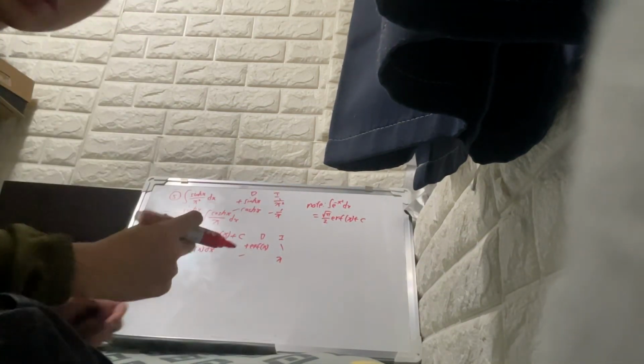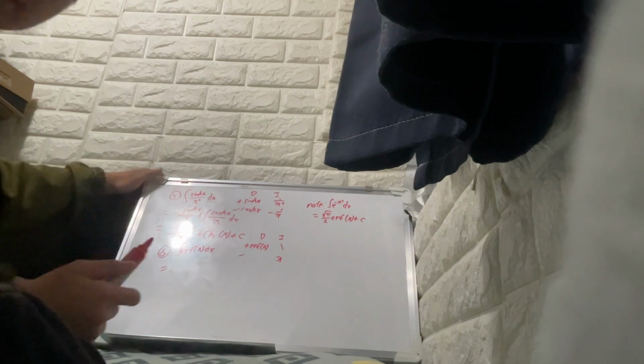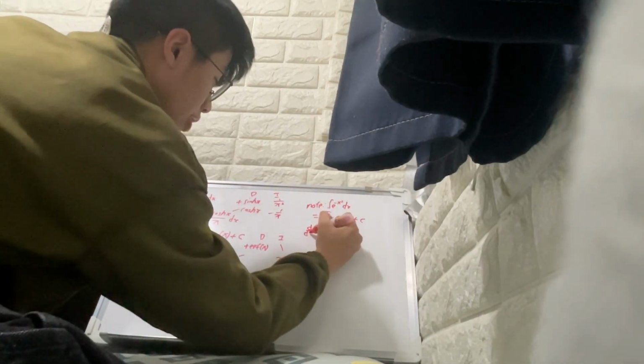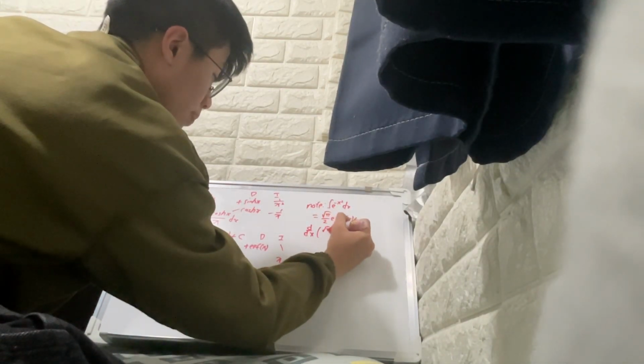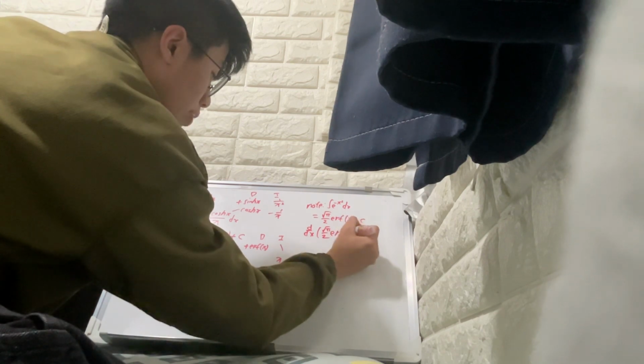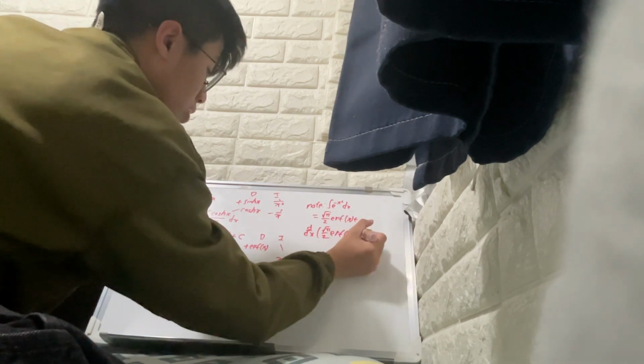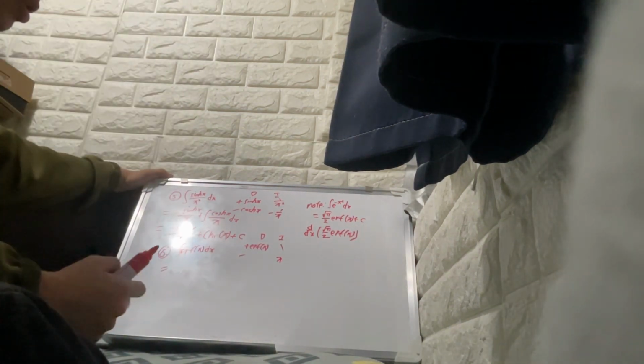You're gonna use the normal above function erf of x. And here, what can we do next? Here, if you differentiate square root of pi over 2 erf of x, you will get what?